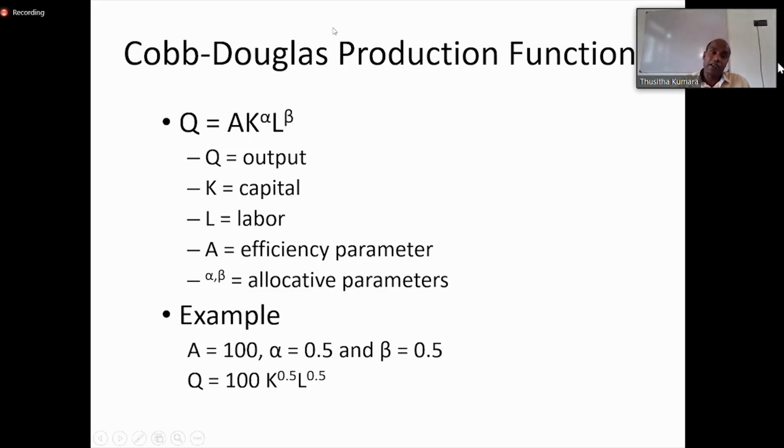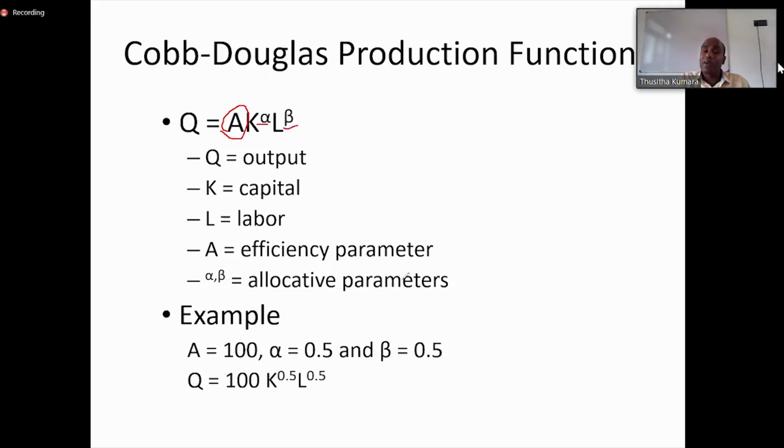And that depends on the efficiency parameter. In this equation, the efficiency parameter is here. This one. This A tells us the efficiency: how efficient your mix of land, labor, capital, and entrepreneurship is in getting something as output. And this alpha and beta stand for allocation.